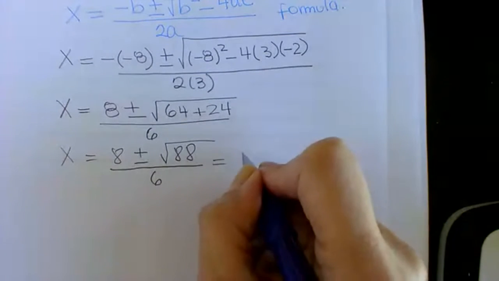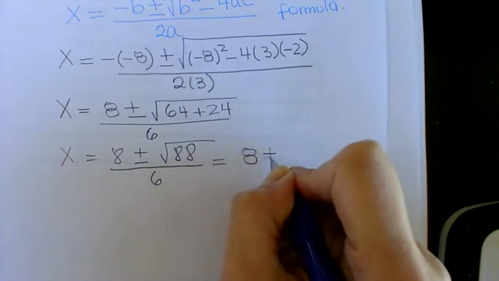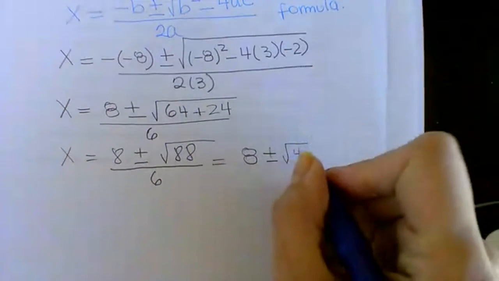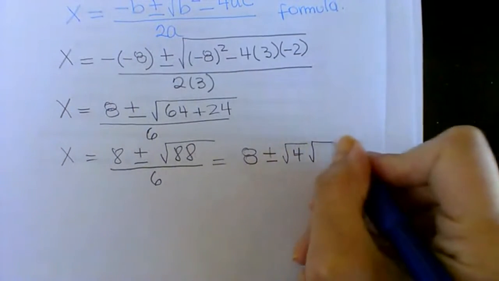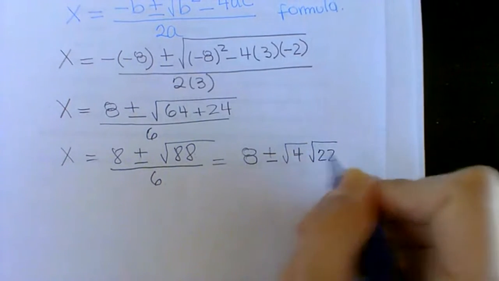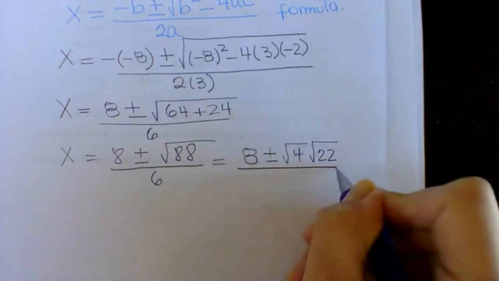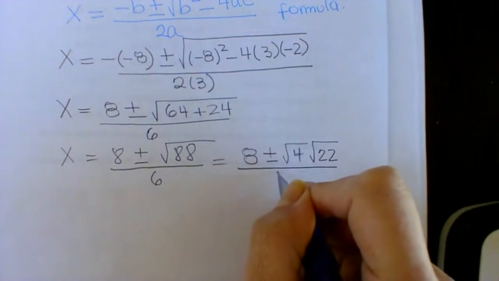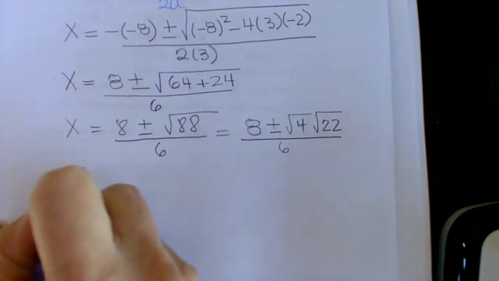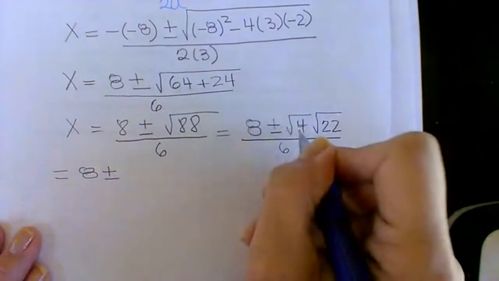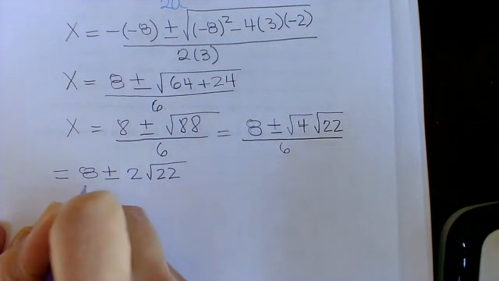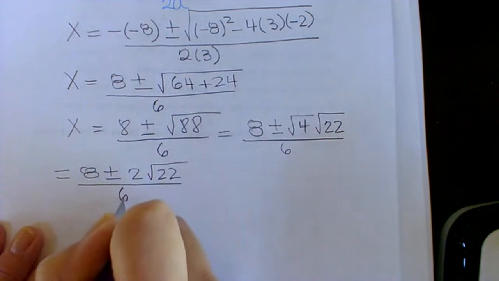So it's going to be 8 plus or minus the square root of 4 times the square root of 22. 4 times 22 is 88. So we have 8 plus or minus, the square root of 4 is going to be 2, square root of 22, divided by 6.